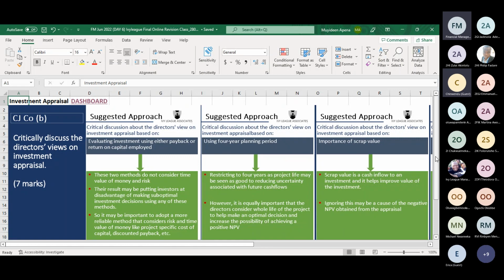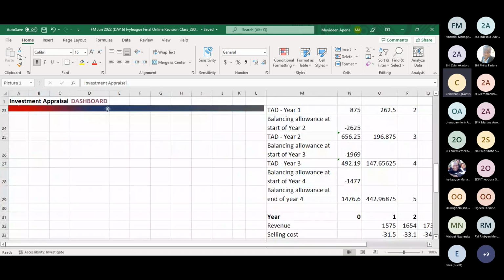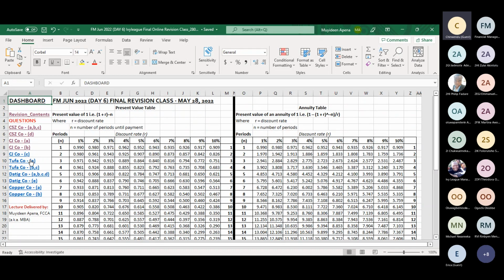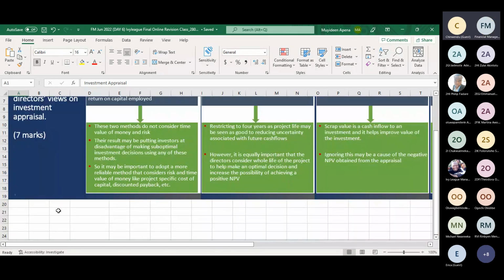You remember what their views are, okay? So let's go back to what their views are. I can bring that in. Look at their views.